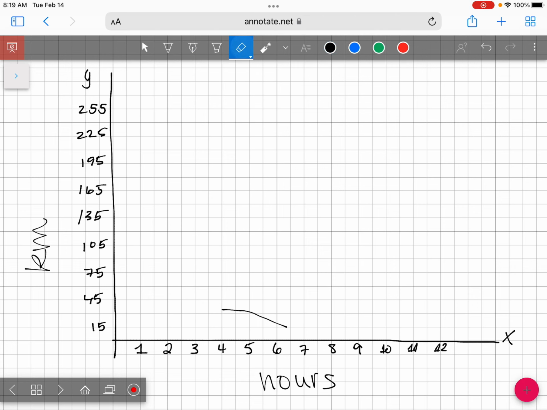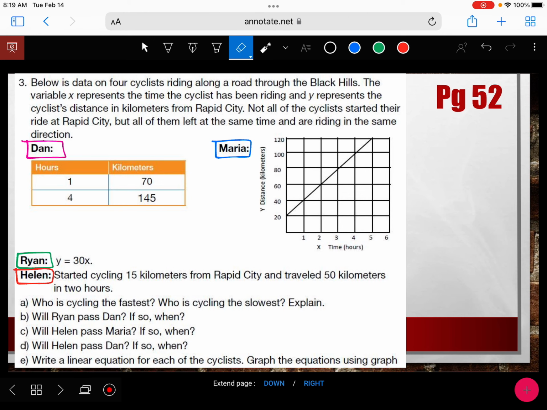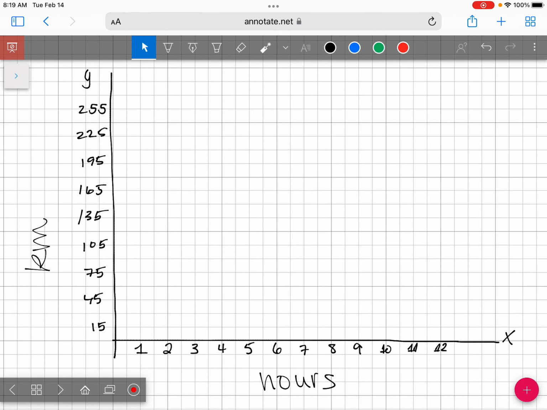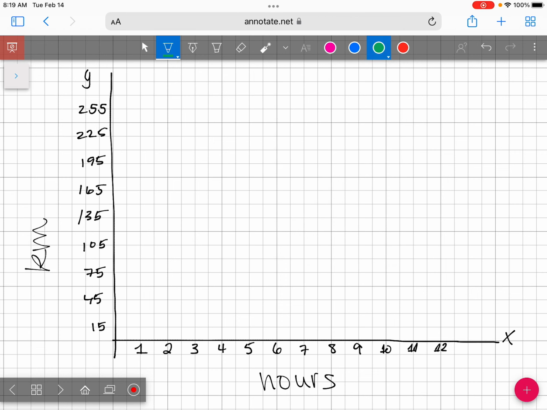Okay. I have to go back real quick just to see what my color for Ryan was. Okay, he was green. So y equals 30x is Ryan, right? So that means where's our y-intercept? 0.